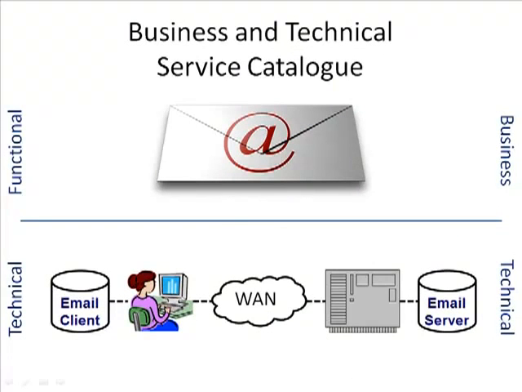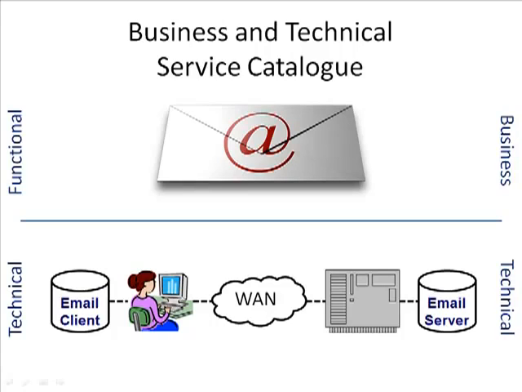So to bring the cruise ship example more towards the world of IT, let's look at email. And in the end, your customers, if you think of email, they're interested in when is email available, how fast is it, and for example, how expensive will it be? From a technical point of view, you need all your teams. You need your desktop teams to provide desktop services. You need your network teams to provide network services, and you need your mainframe teams to provide the mainframe services.